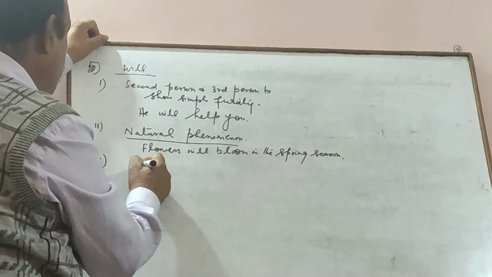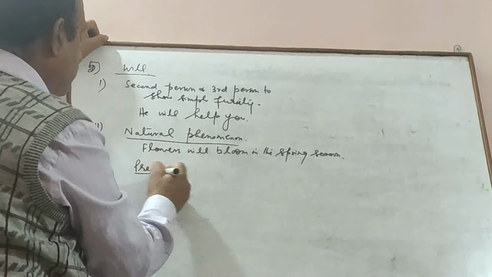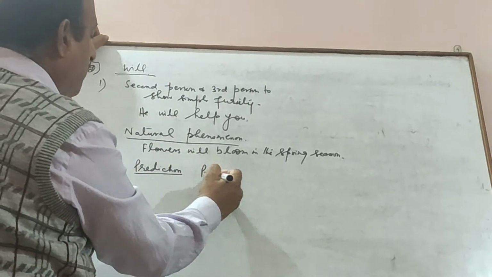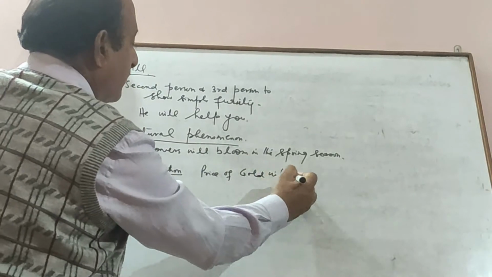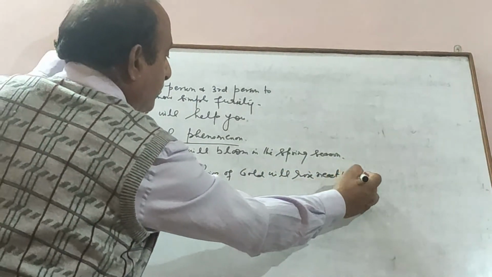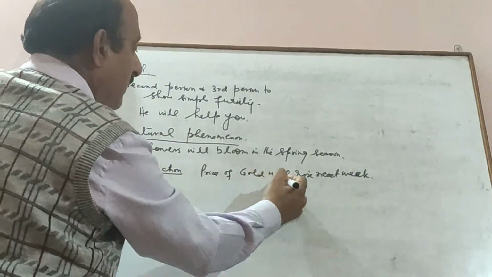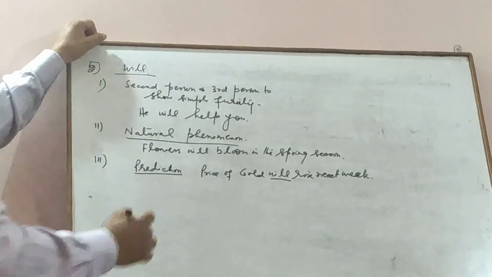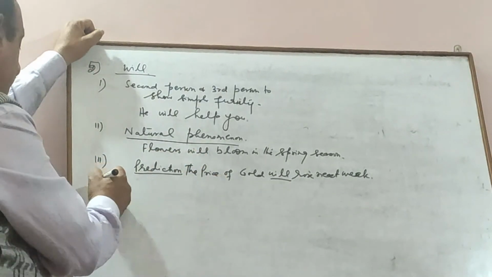Third, will is used to show prediction. Price of gold will rise next week. This is the prediction that the price of gold will rise next week.